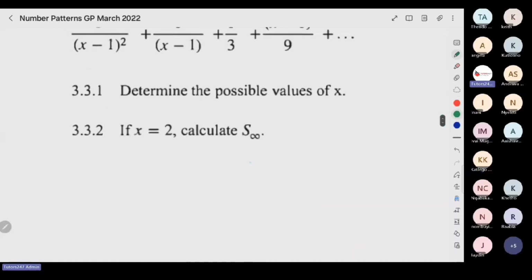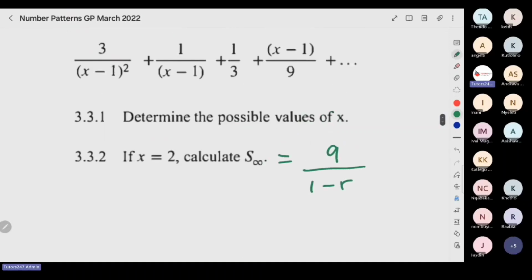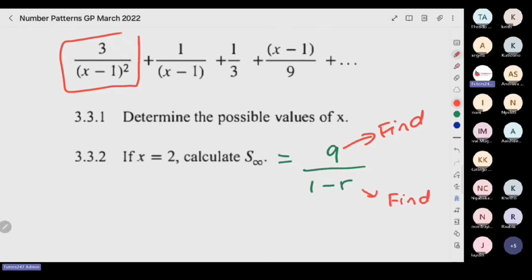We know that the sum to infinity formula is a over 1 minus r. That means we need to find a and we need to find r. We will find a by taking the first term and substituting x equals 2, and that will be our value of a. If we want to find r, we can take the second term divided by the first term, having substituted x equals 2, and we'll have the value of r.